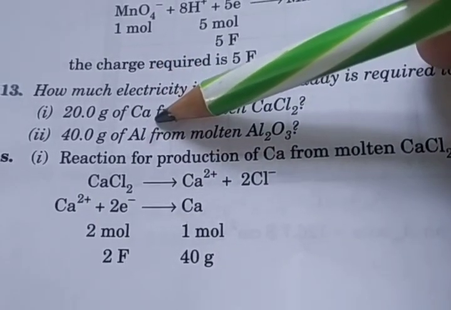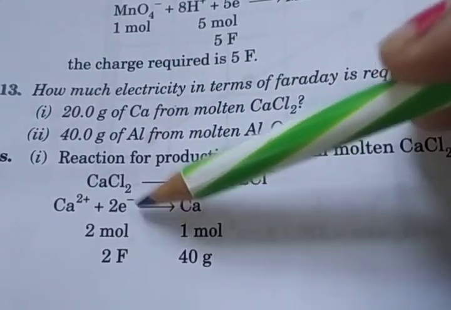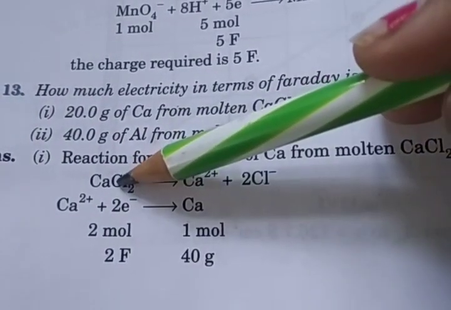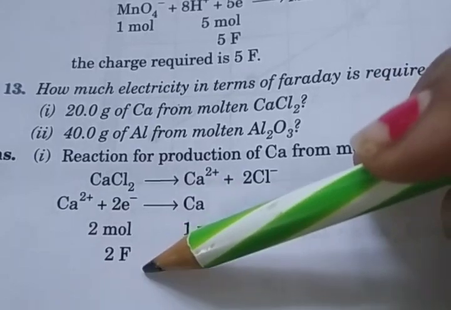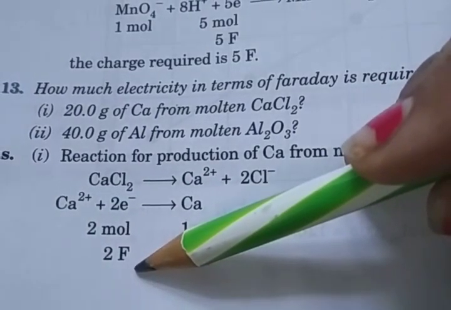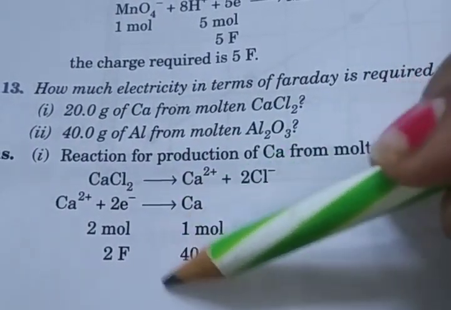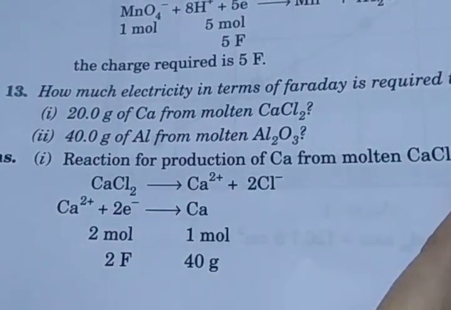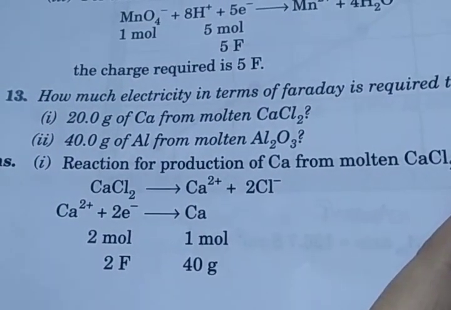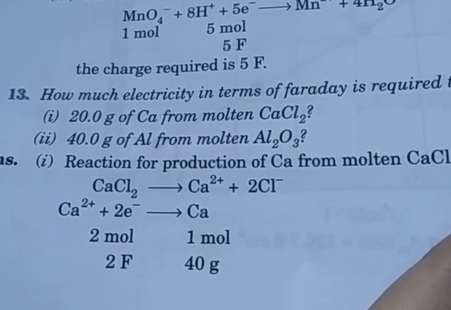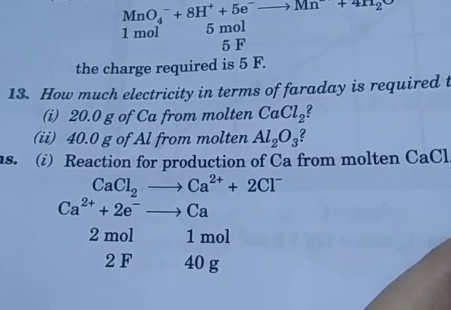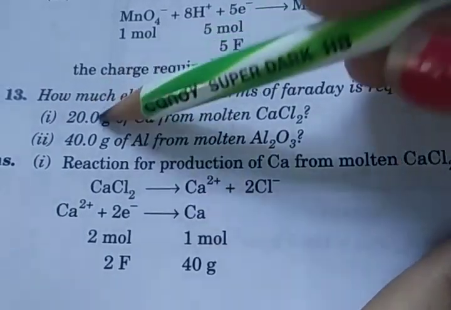20 gram of calcium. So here 2 mole of electrons required. According to the equation, 40 gram calcium, because 2 electrons gained, so charge required is 2 Faraday. So according to the equation, 40 gram calcium is produced by 2 Faraday charge, because the atomic mass of calcium is 40, but here only 20 gram of calcium is given.